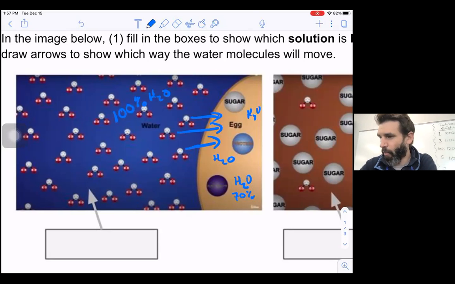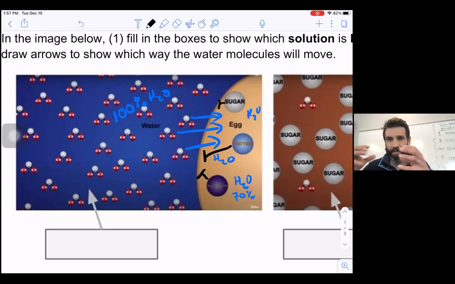And we talked about the water can move through this membrane because sugar, protein, and other salts cannot move through this membrane. They're not allowed. The membrane is, they're either too charged or too big. They can't move out. So only water can move in between.